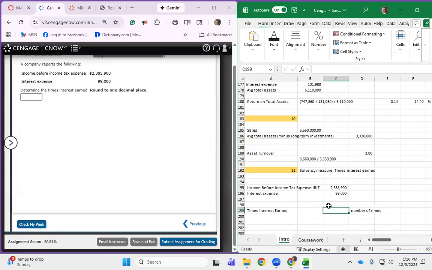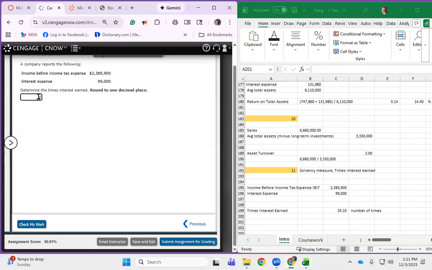So now here we go. Our earnings, what are they? $2,385,900 divided by the interest expense. So we earned our interest expense 24.1 times.